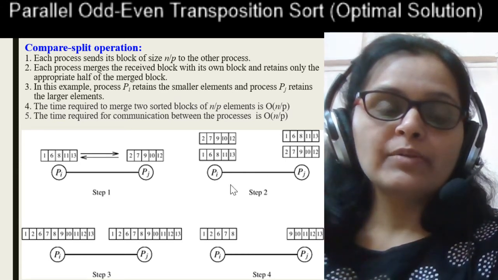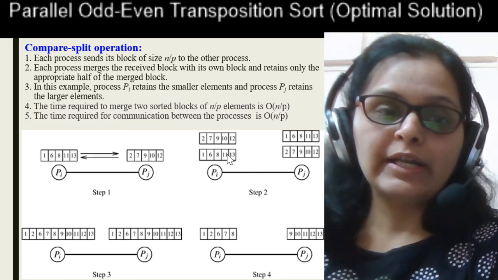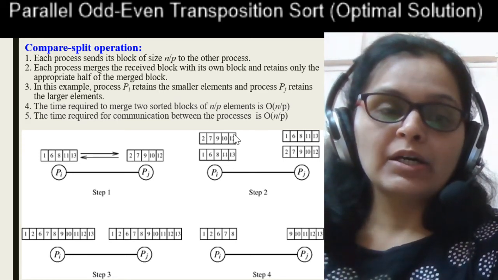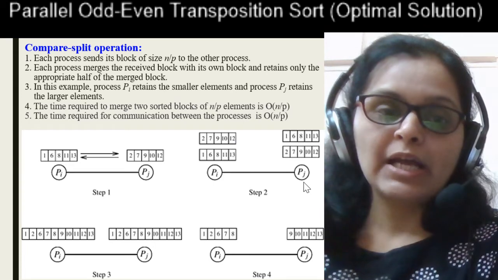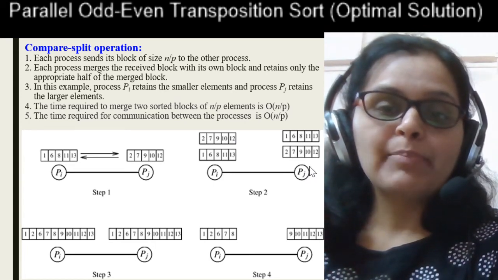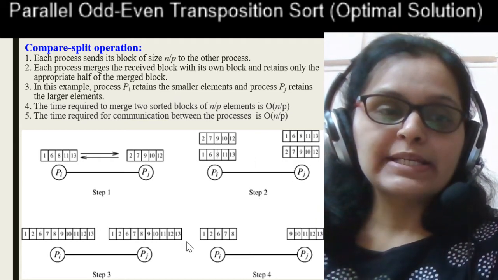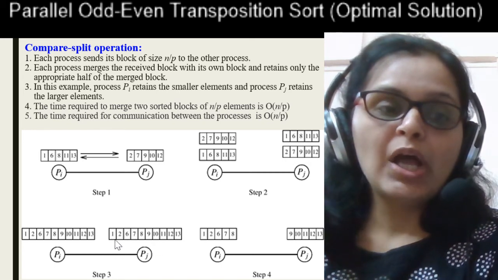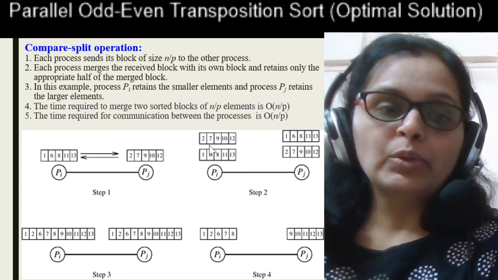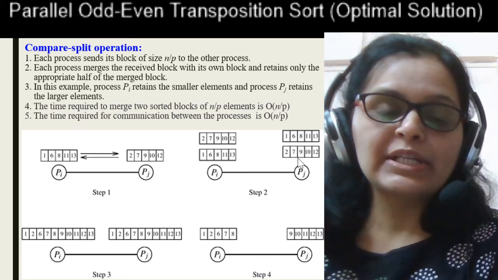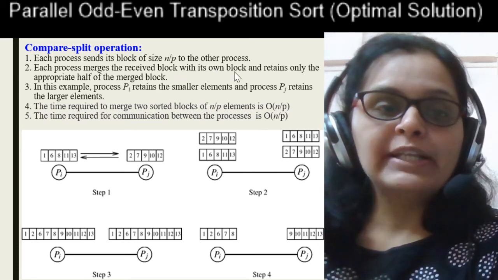After the step 2, Pi is having both the partial arrays, its own plus the partial array from Pj, and Pj is also having both the partial arrays, first its own partial array plus the partial array received from Pi. Now in this compare and split operation, each process merges the received block with its own block elements.